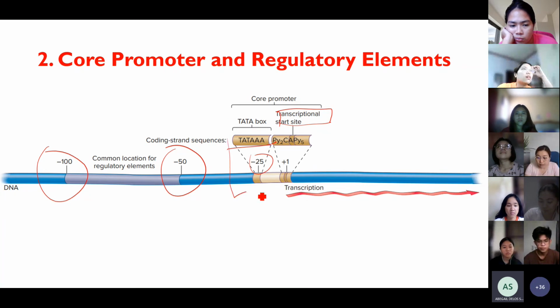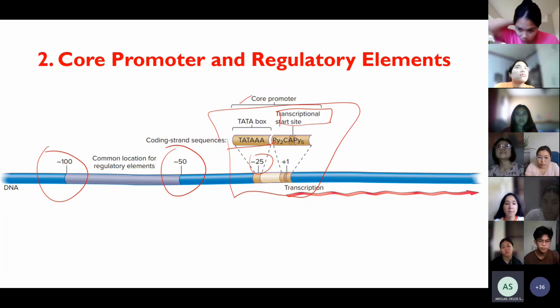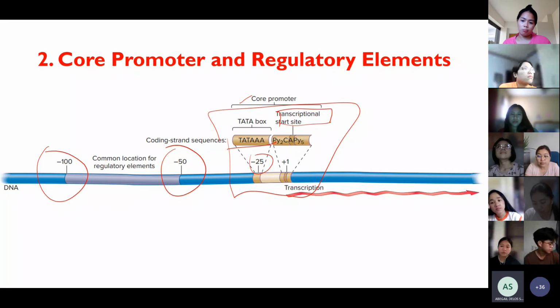All of this would be termed the core promoter. If it is missing from the core promoter, the transcription start site becomes unidentified, and transcription can start at a variety of different other locations. The core promoter here would produce a low level of transcription.